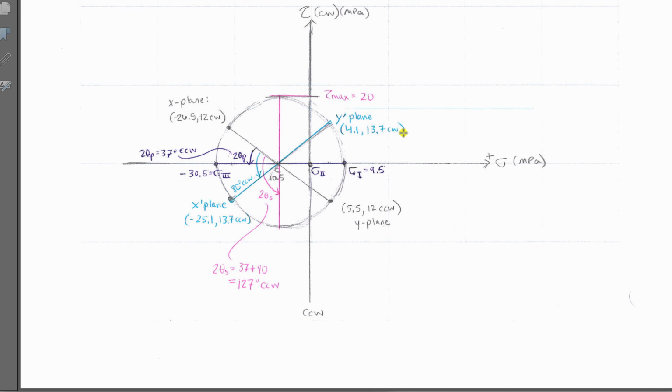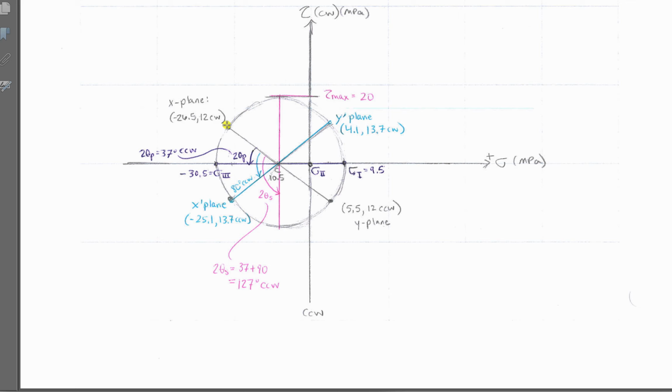Now let's look at the principal stress state. So our x-plane is here, and we're going to rotate our x-plane through the smallest angle to the closest principal stress, which in this case is going to be principal stress 3, our most compressive at negative 30.5. So the angle that we're going to rotate through is this 2 theta p. Again, on the Mohr circle, it's 2 times the angle in real life. So 2 theta p, and this again is going to be counterclockwise.